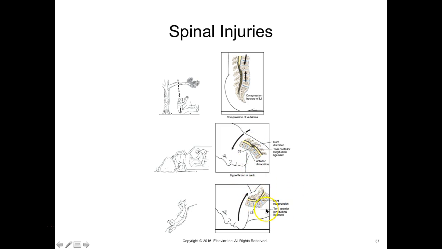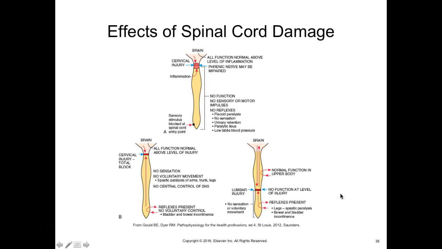So here we have flexion, here we have extension. All right, effects of spinal cord damage. This is just showing wherever there's injury, and then there's going to be the damage below that. So they're just showing cervical injury, total block, cervical injury and inflammation, and then of course here lumbar injury.